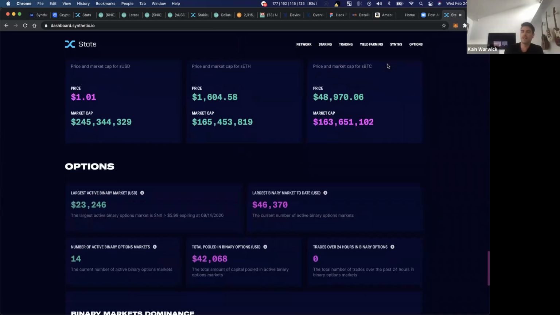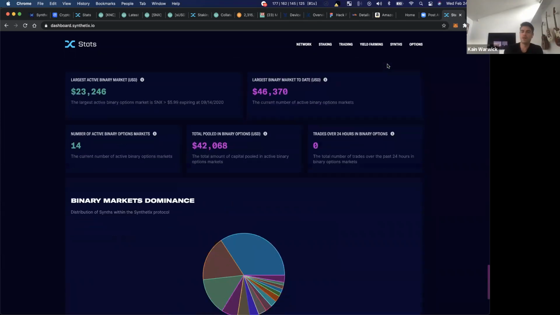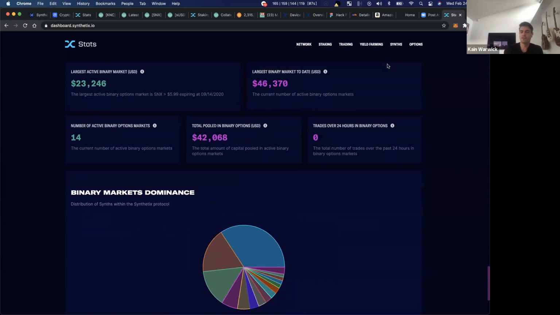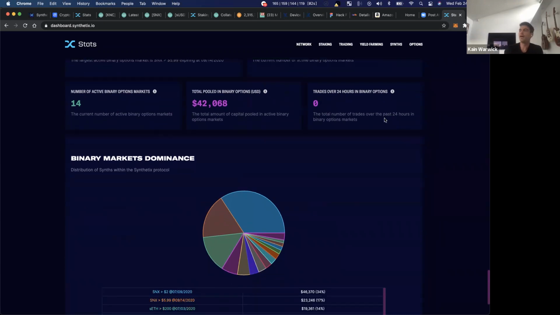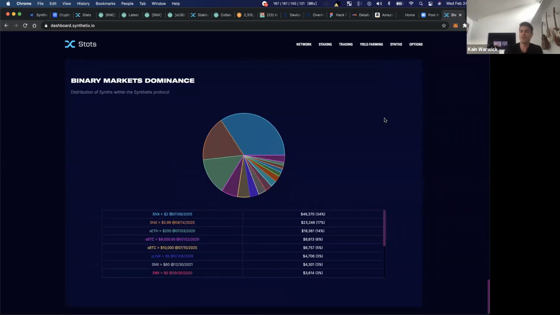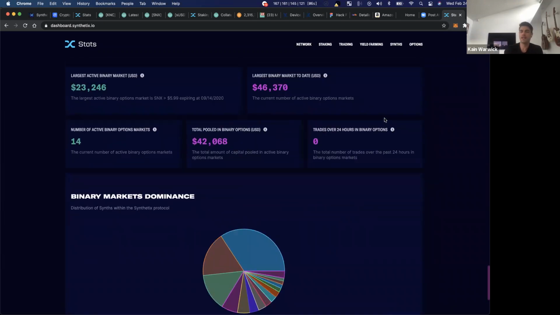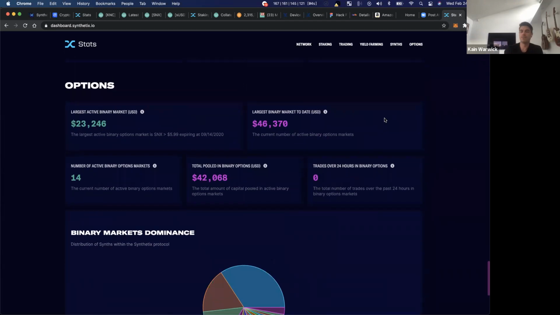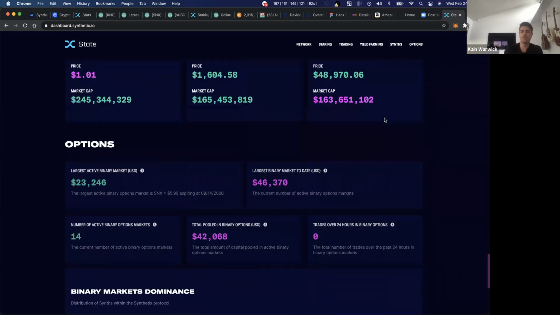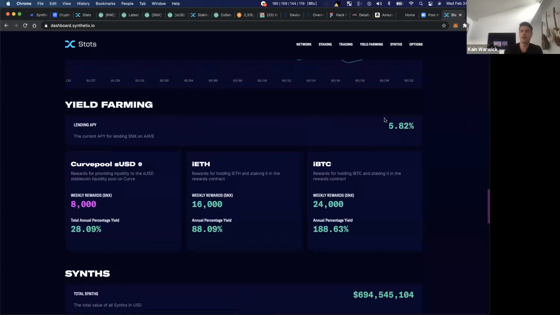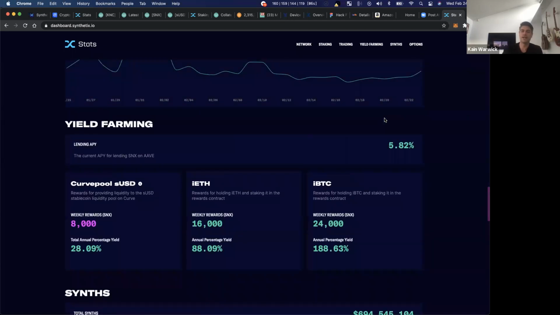So Oracle latency on L1 with Chainlink, and with any Oracle basically, is fairly high. So the deviation thresholds that are set are kind of front runnable if you are watching the wider market, and if you add leverage into that, it just becomes more problematic.